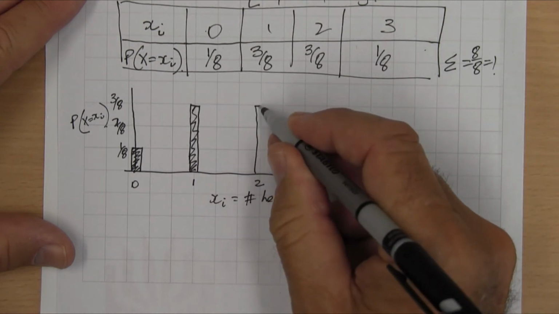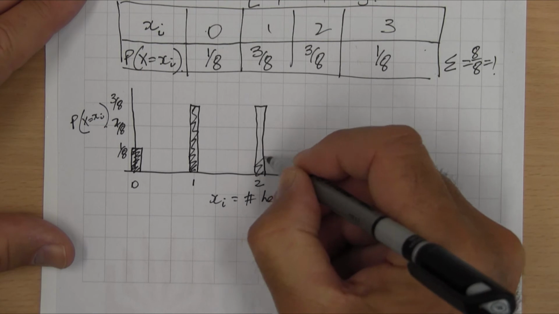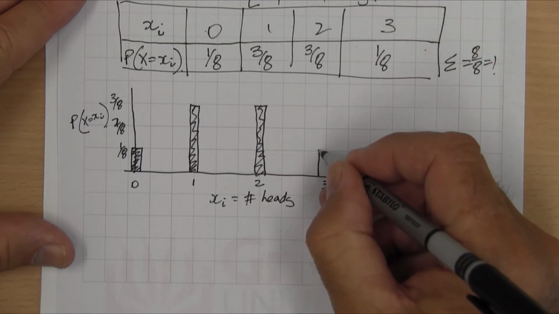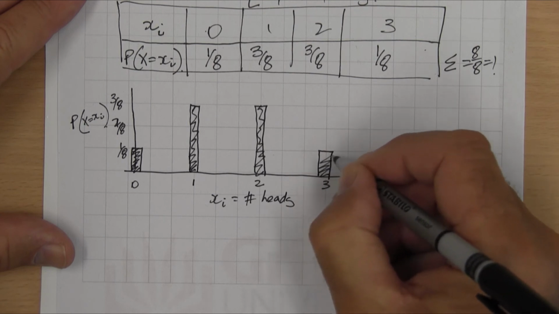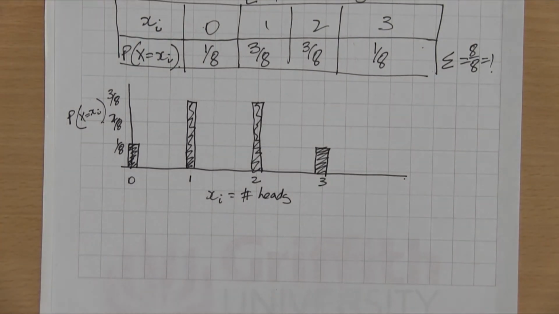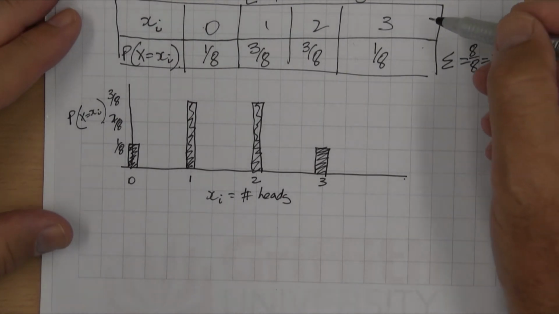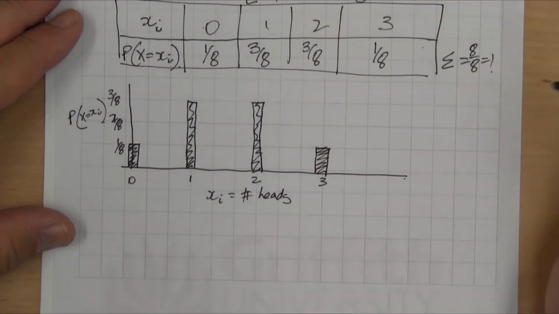And so on. 2 heads is also 3 8ths, and 3 heads is back down to 1 on 8. Okay, so that's a bar graph showing the probability of all the different outcomes, the probability distribution for tossing 3 coins.